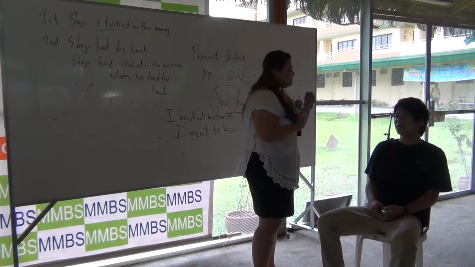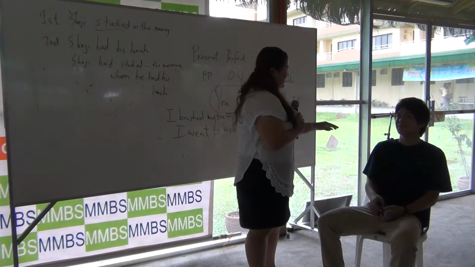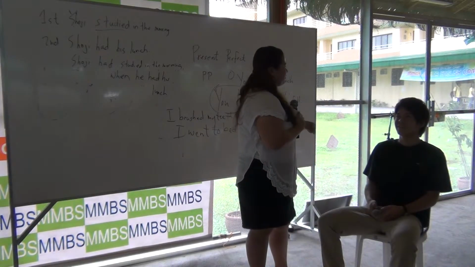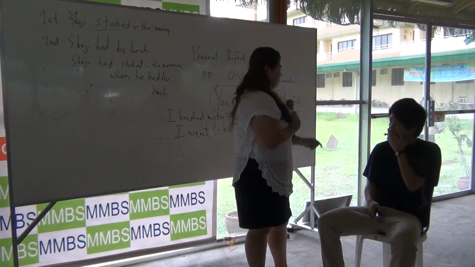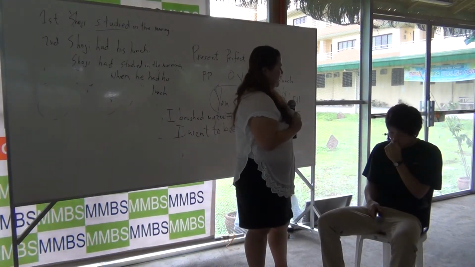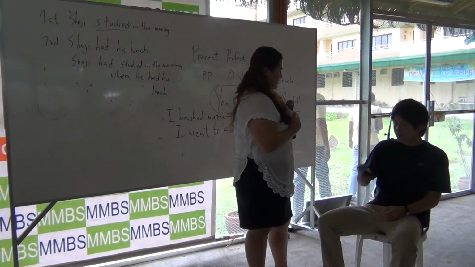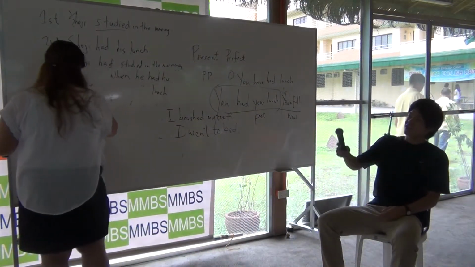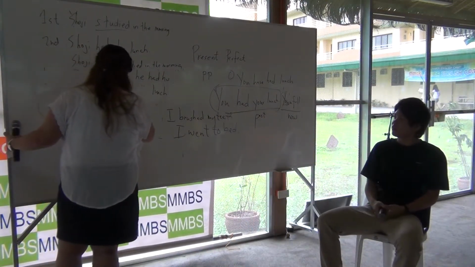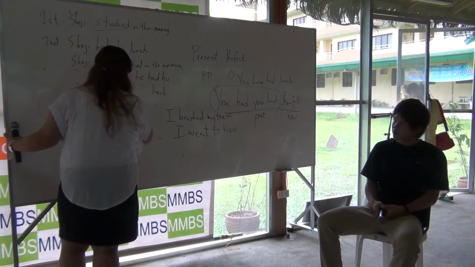How about this last question, Shoji? This is going to be my last question. Easy question. Before you came to the Philippines, what had you done? Before you came to this country? I graduated from high school.